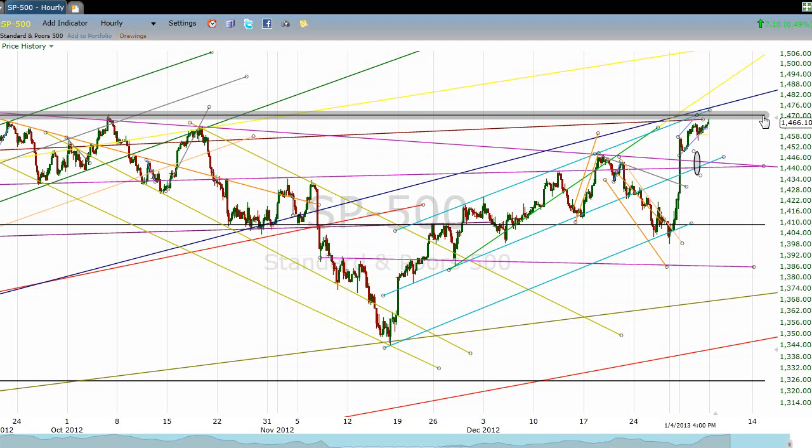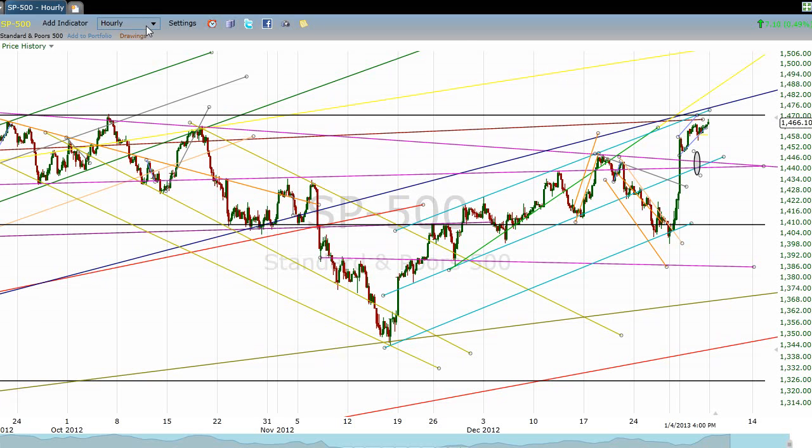Because if this pattern does that, then we would be looking at this black line as our neckline of this pattern, and that would give us a really nice target of roughly 125 points higher than when this would break out, and that could be taking us up to the 1580s, 1590.